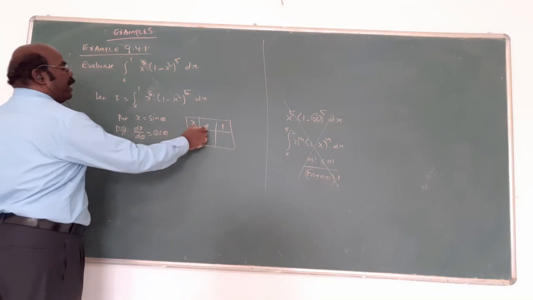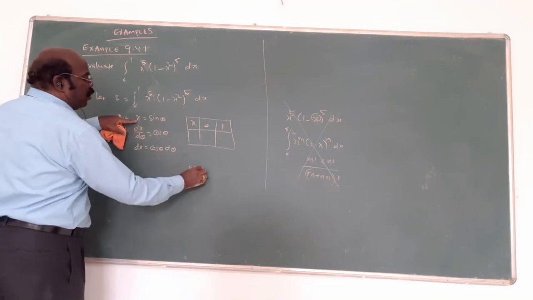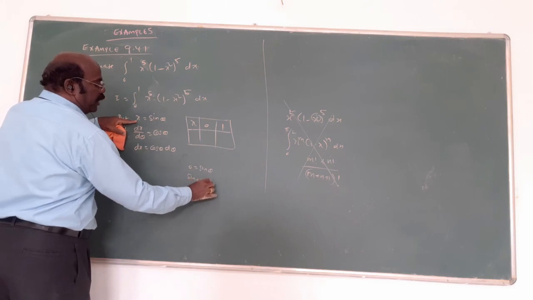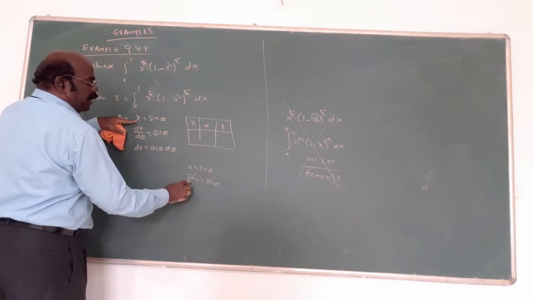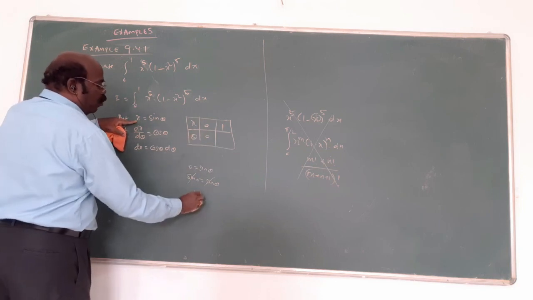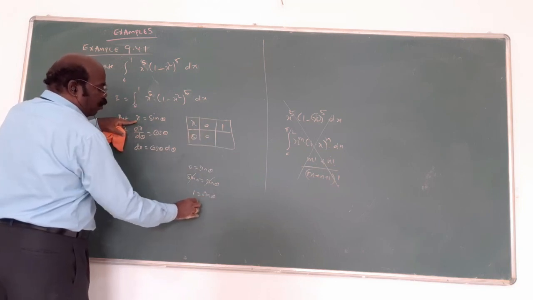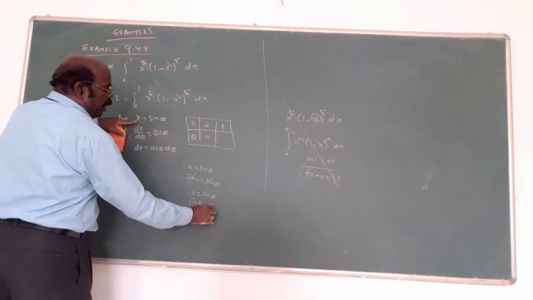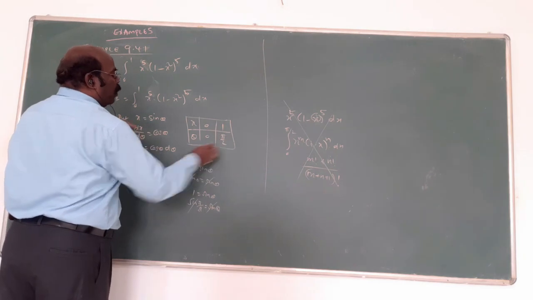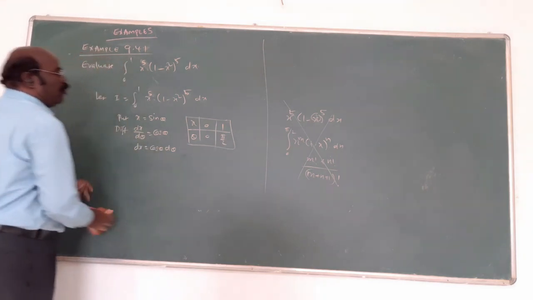When x is 0, 0 equals sin theta, so theta equals 0. When x equals 1, 1 can be written as sin pi by 2 equals sin theta, so theta equals pi by 2. In this way you find the relation.